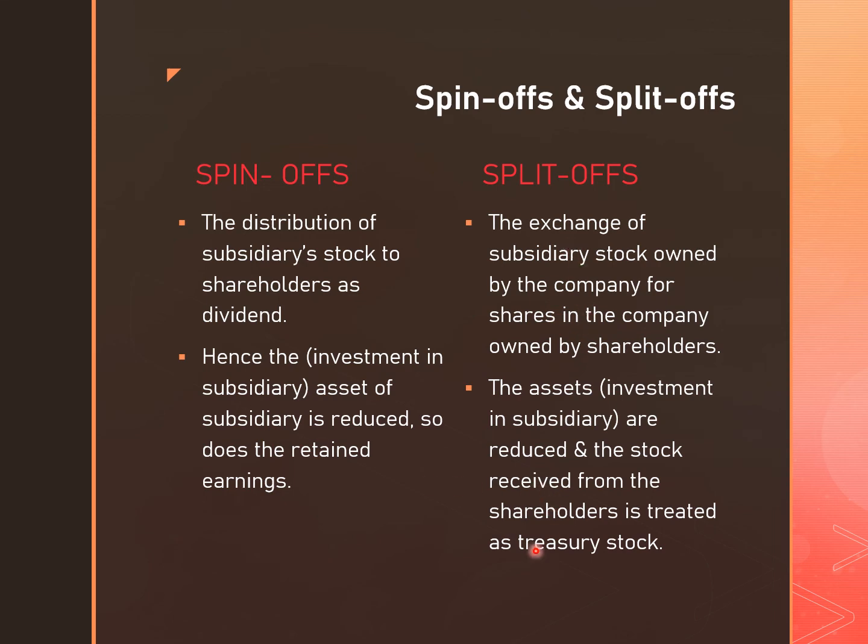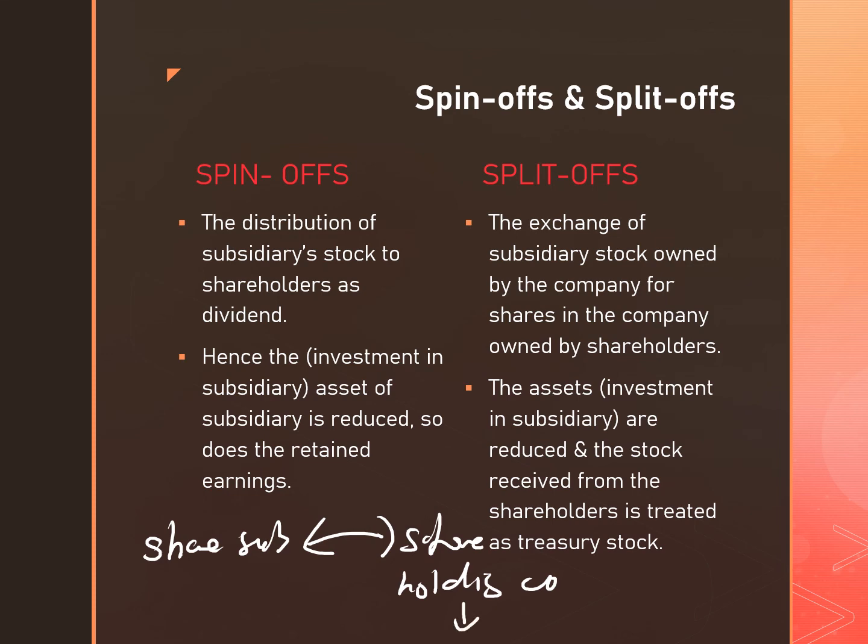Okay, so split off adalah kita bagi share subsidiary tu kepada shareholder kita, kita tukar dengan share holding company. So bila bertukar ni, you akan jadikan share yang you dapat ni, because originally ni adalah shareholder punya, right? Share of holding company ni, you akan jadikan dia sebagai treasury stock.